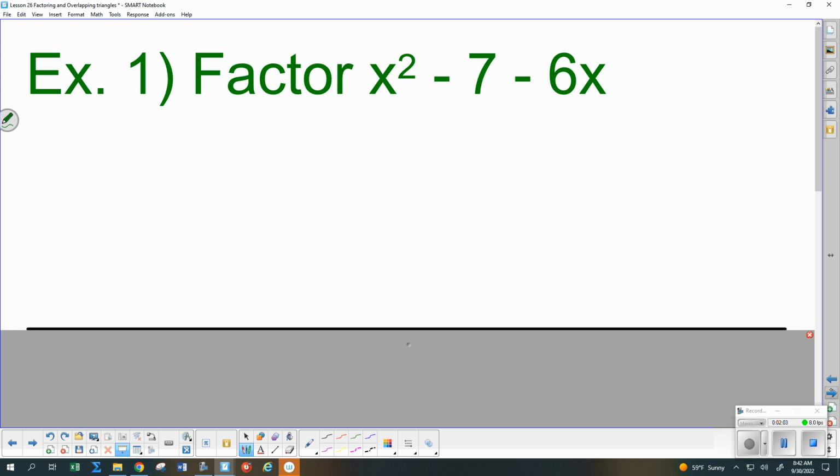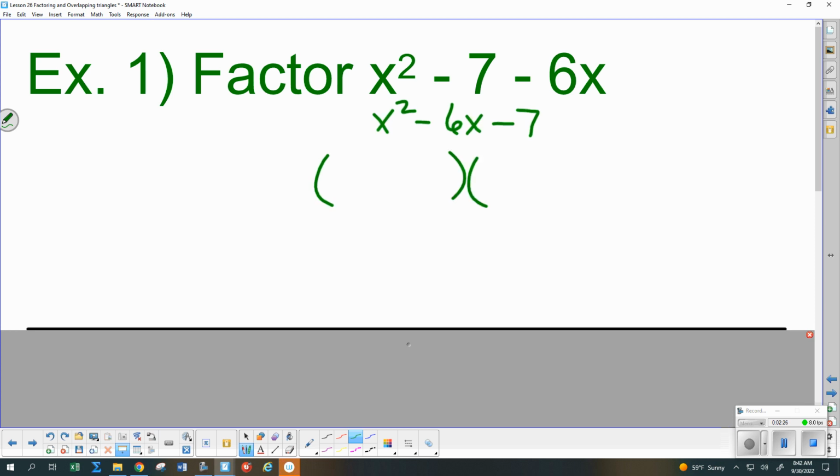Let's review these. This one, 1x squared, I'm good with that, but what do you notice about the next two numbers that aren't quite right? And a couple people doing this. They aren't quite in the right order that we're looking for. So we are thinking of this as x squared minus 6x minus 7.